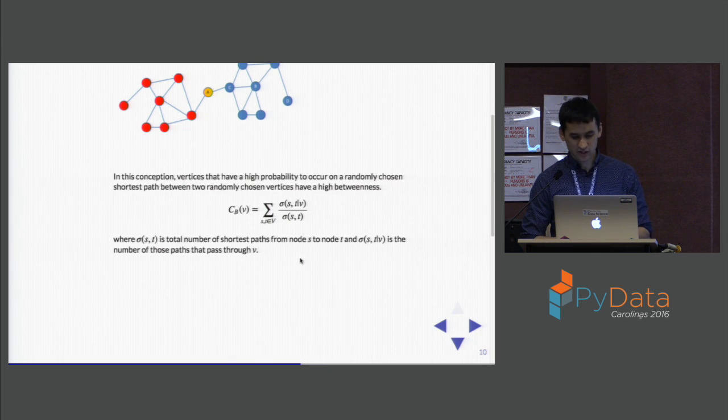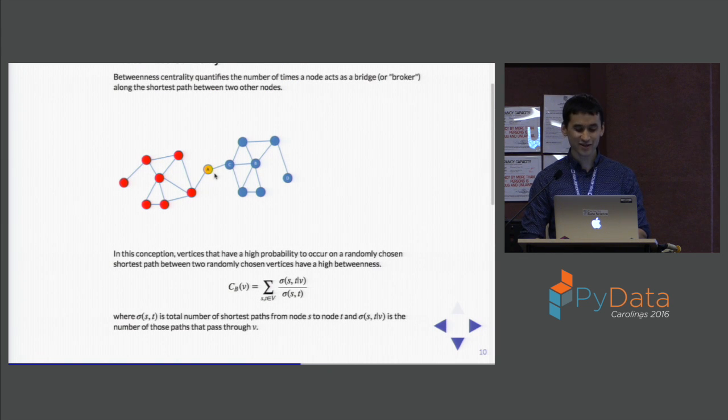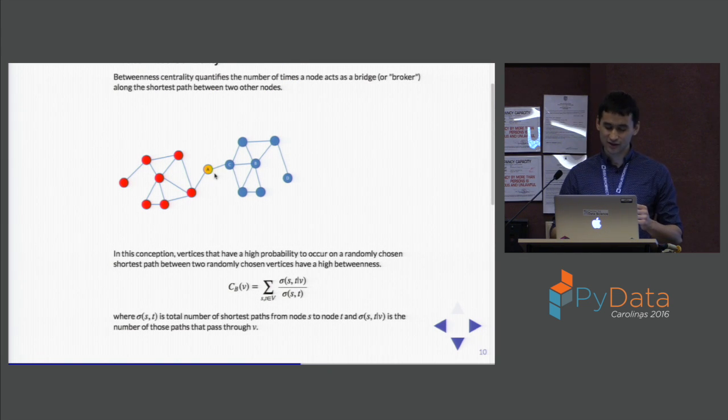Okay, so the way you calculate this, just for any single node, thinking about A, to get the betweenness centrality of this single node, you would need to calculate the shortest path between every pair of nodes in your network, and that would be your denominator.